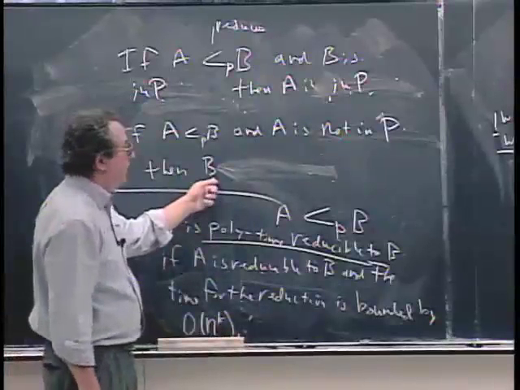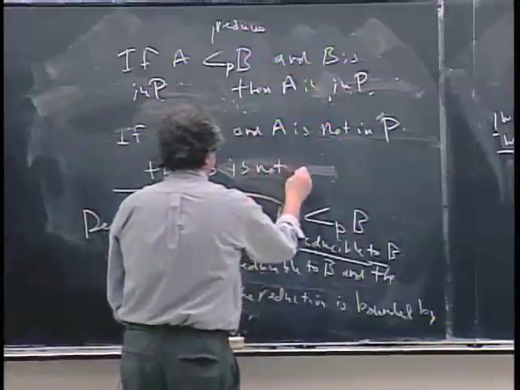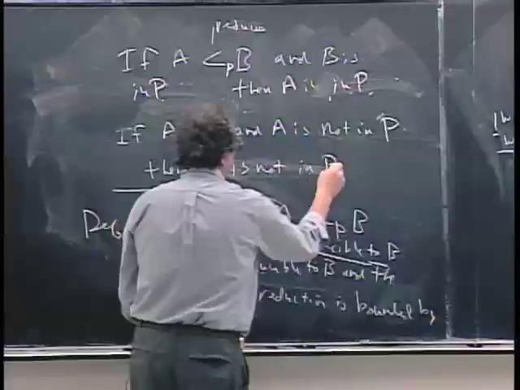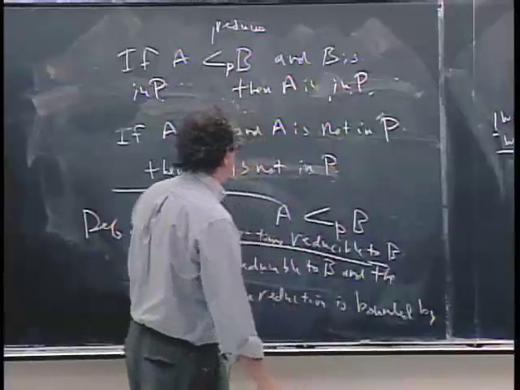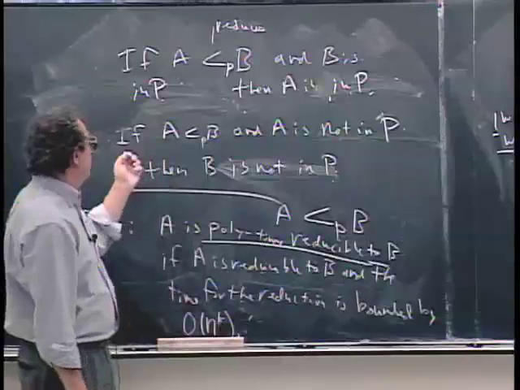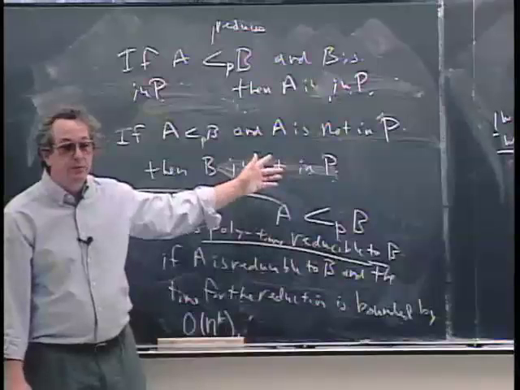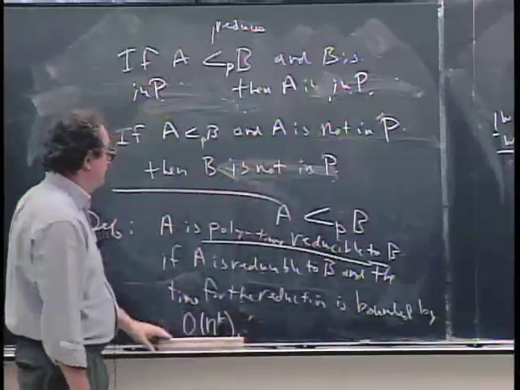So B can't be polynomial time decidable, otherwise you would have a way to decide A in polynomial time. So this is the same logic as we had before, but now we've put in time.